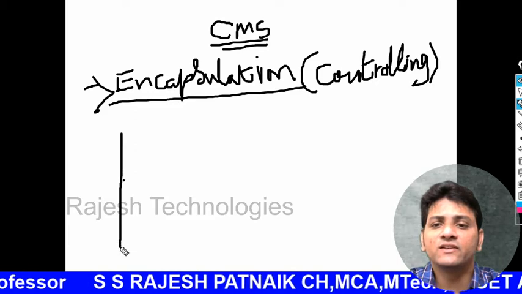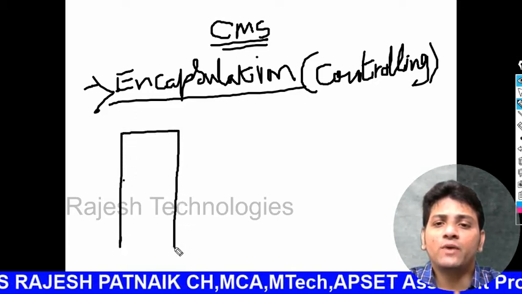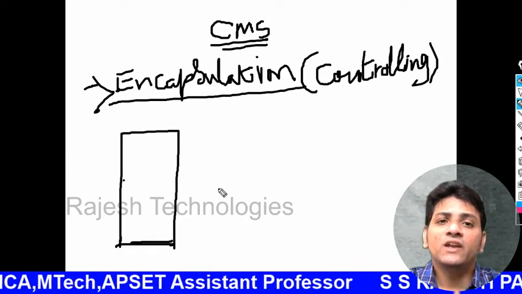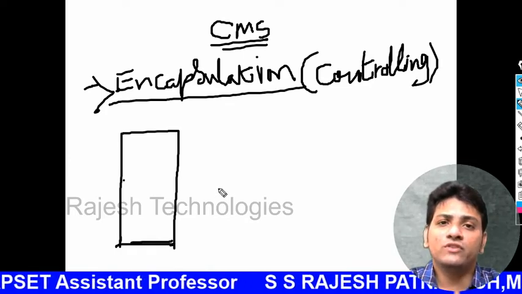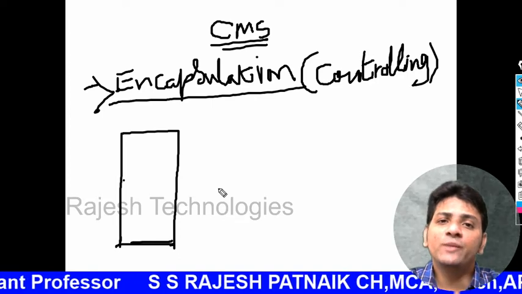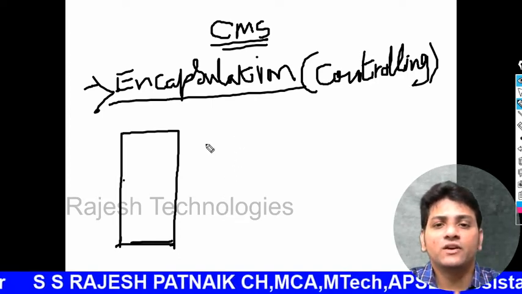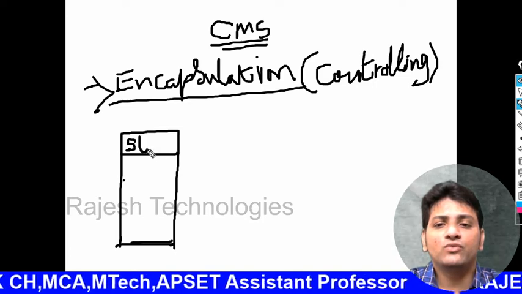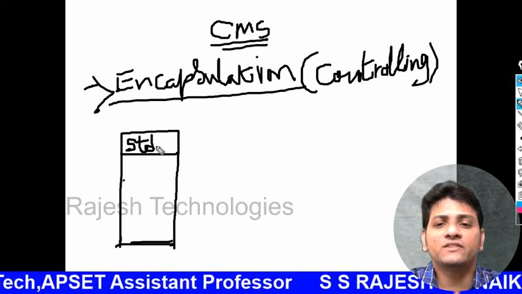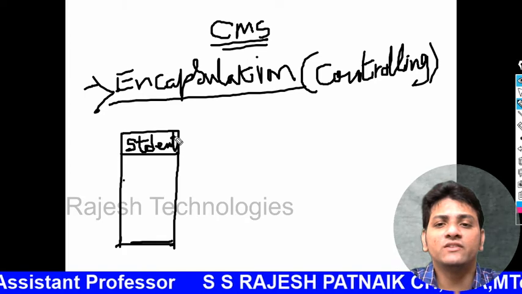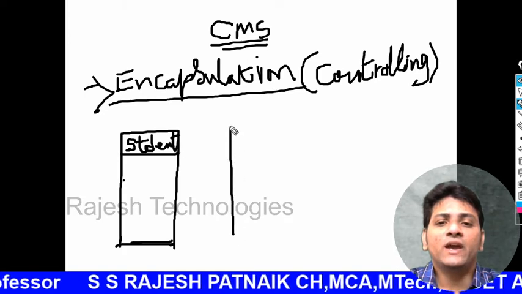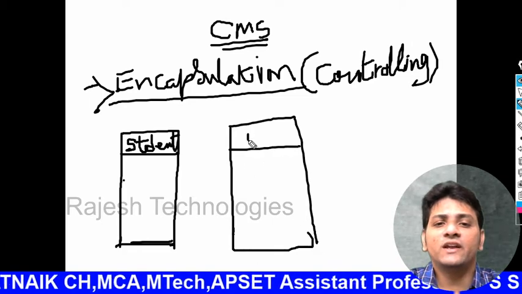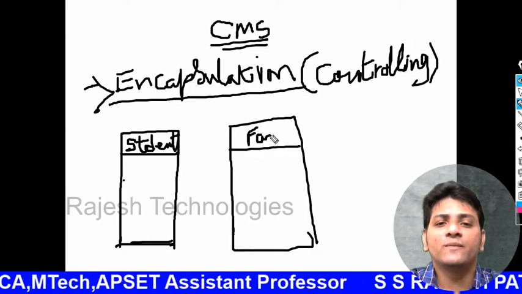Every application consists of a set of classes, because in object oriented programming approaches we write every program under classes. For example, a student class will be there, a faculty class is there.